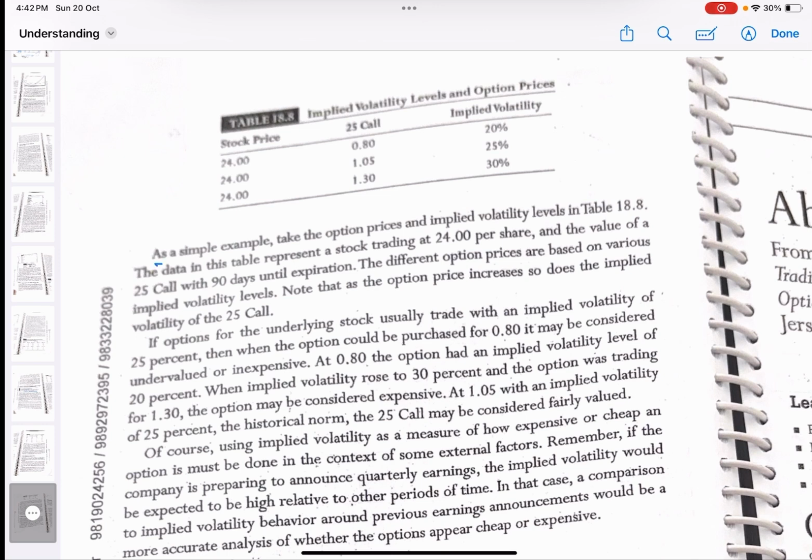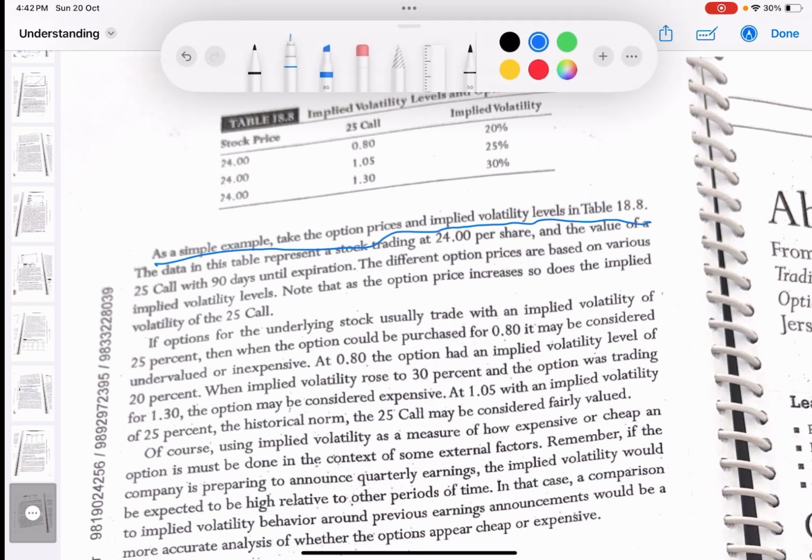Okay, as a simple example, take the option prices and implied volatilities in table 18.8. The data in this table is for a stock trading at 24 rupees, and the value of the call option is 0.80 with 90 days to expiration. The different option prices are based on various IV levels. Note that as the IV increases, the option price also increases.